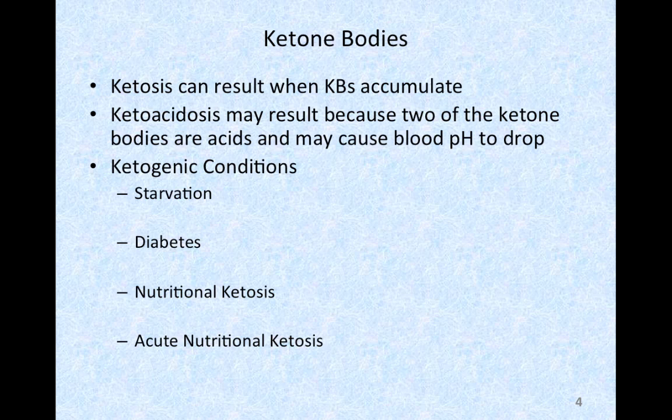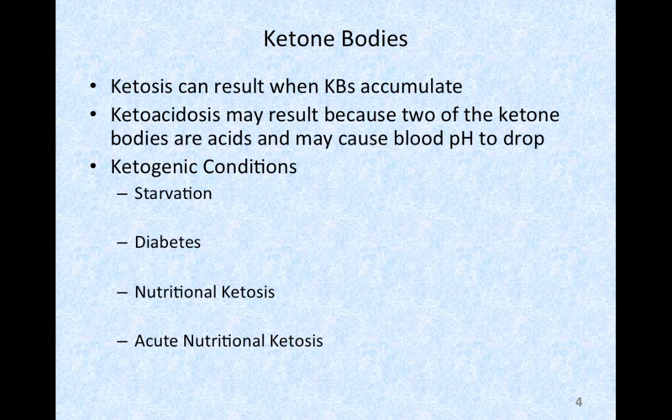And in those conditions, their body's fat oxidation goes up, in some cases dramatically, to try and compensate for the lack of carbohydrate. So ketogenesis can result, and that can result in ketosis. More on that coming up.